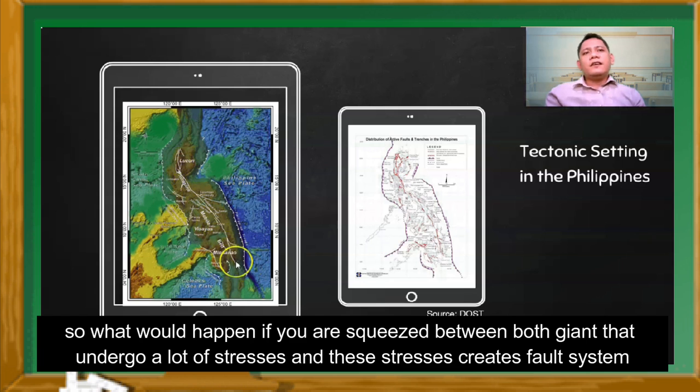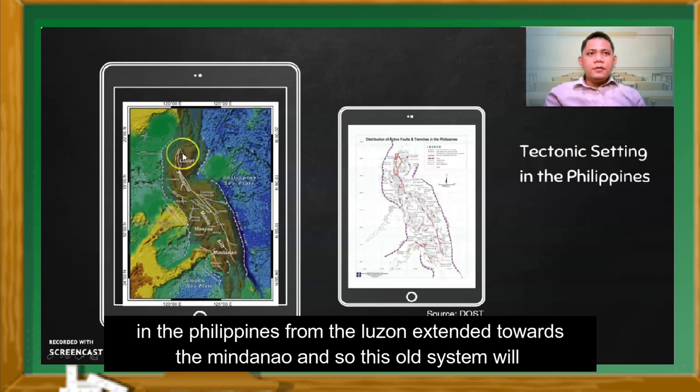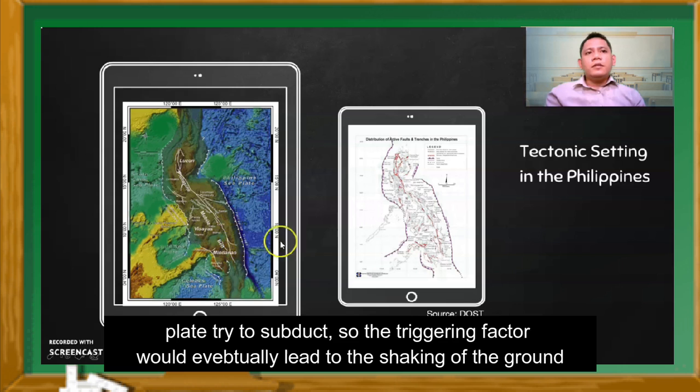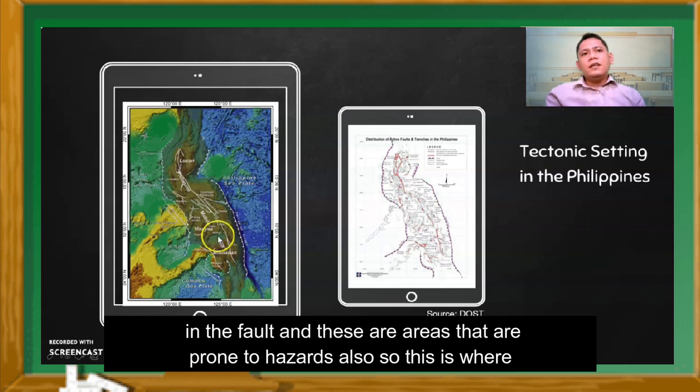And the stresses create a fault system in the Philippines, from Luzon extending towards Mindanao. And so this fault system eventually triggers earthquakes when the Philippine Sea plate and the Philippine Mobile Belt try to subduct. So the triggering factor would eventually lead to the shaking of the ground along the fault.